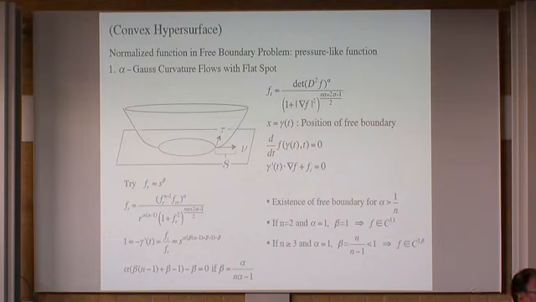And if the speed of the free boundary is 0, then there is no regularization effect. So if we expect a regularization effect and a free boundary, then the speed of the free boundary should be order 1. That's our observation in the picture.